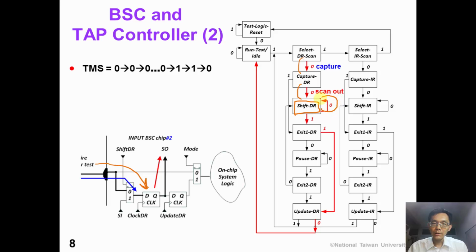We can apply a sequence of zeros to scan out the contents in the flip-flop of chip number 2. Again, the length of zeros is equal to the total length of data register of all chips on the board. After that, we apply a TMS sequence equal to 1, 1, and 0. At the end of the test, we will return to run test idle state.